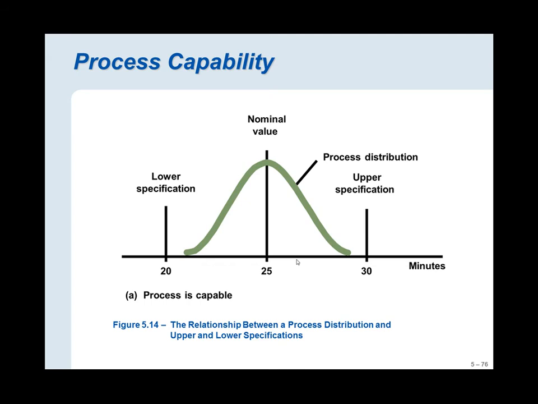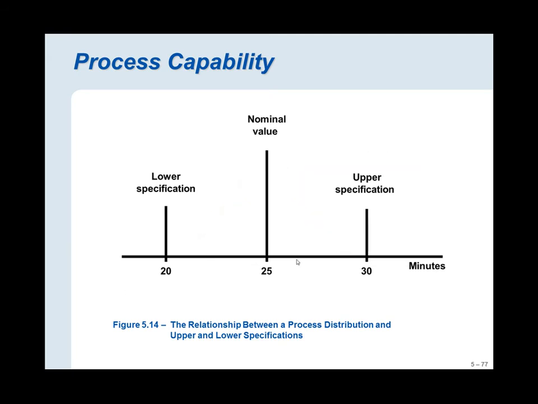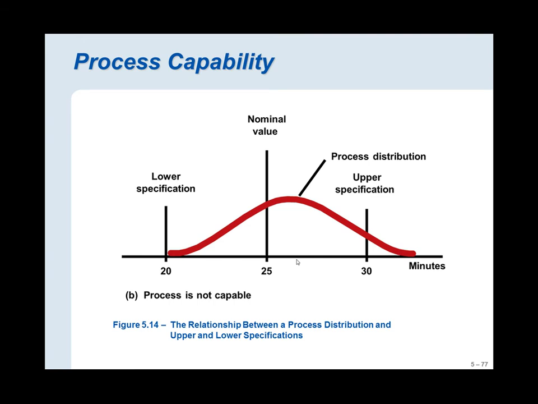If the process produces products that have an outcome within this upper and lower specification, we call the process capable of meeting the specification. On the other hand, if the process has an outcome that goes beyond the upper or lower specification, we call the process not capable.